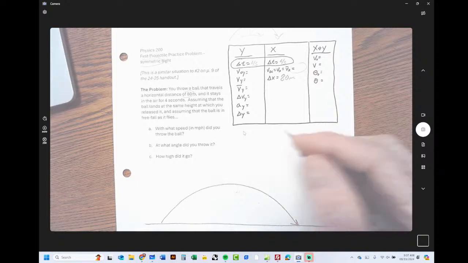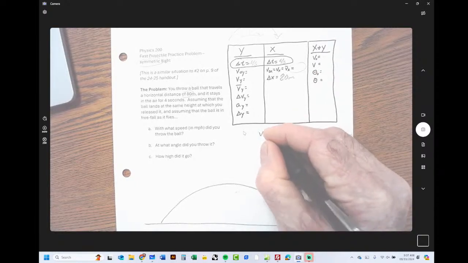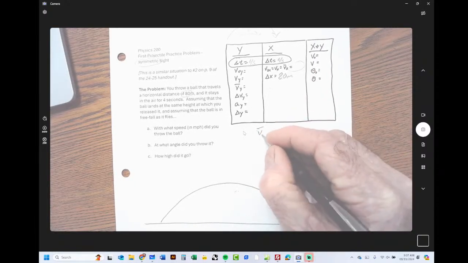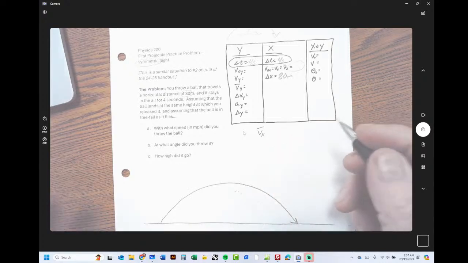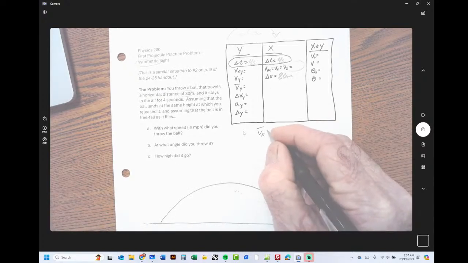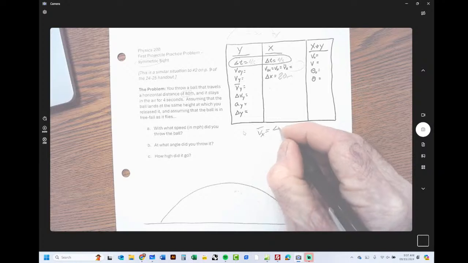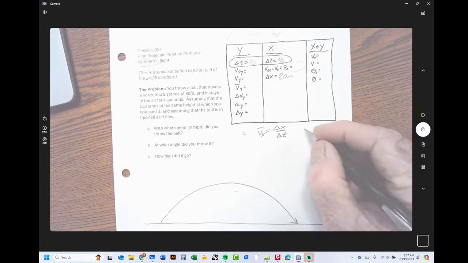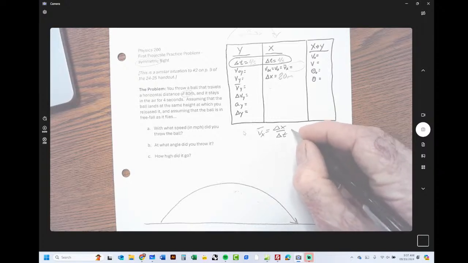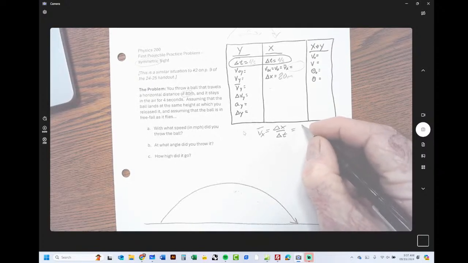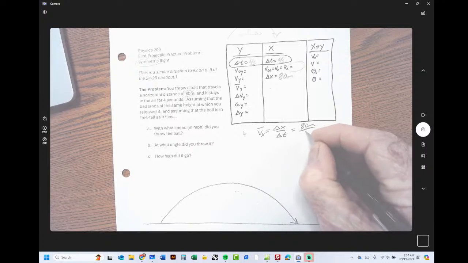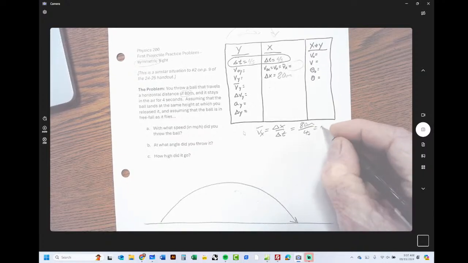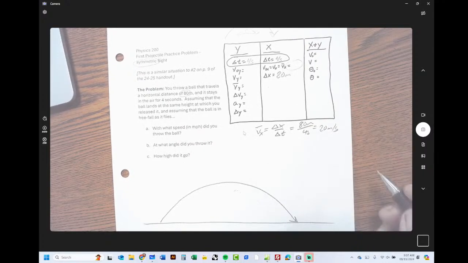I'm going to write average Vx. I could write Vx. I could write V0x. They're all the same thing. Equals delta x over delta t, and that is 80 meters over 4 seconds, and that's 20 meters per second.